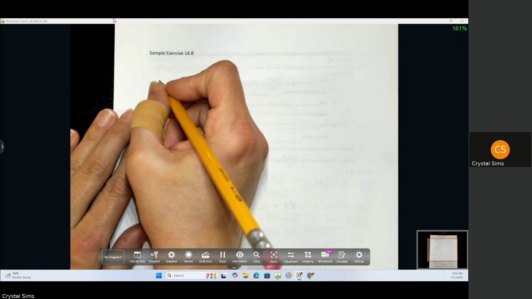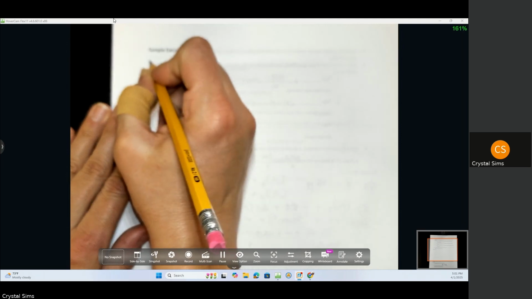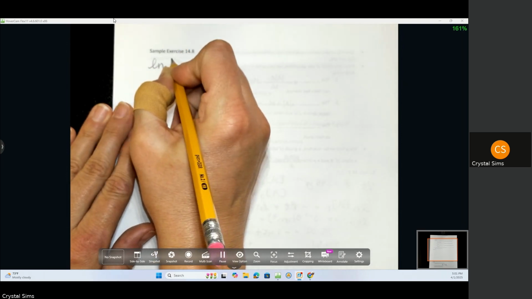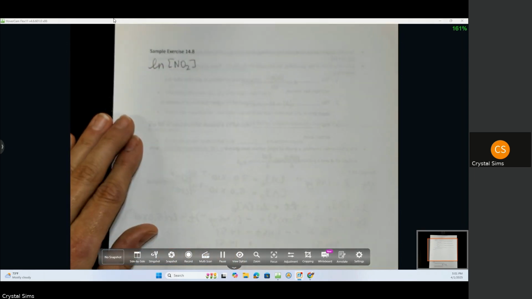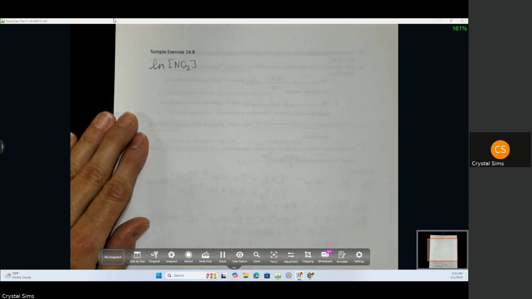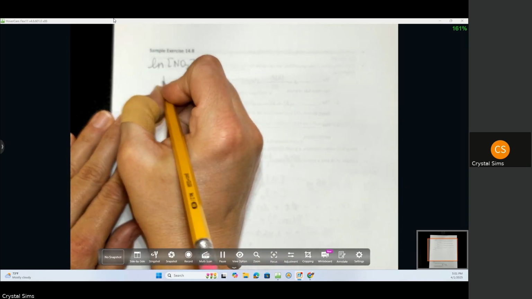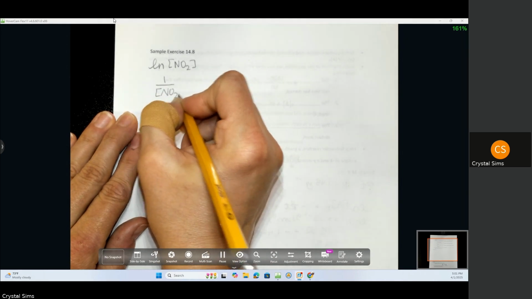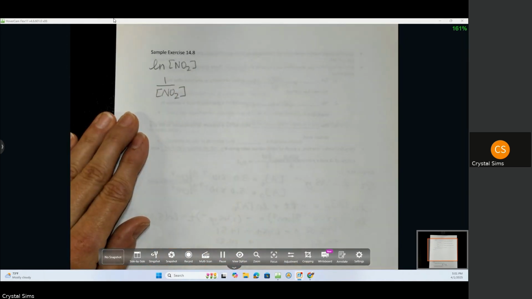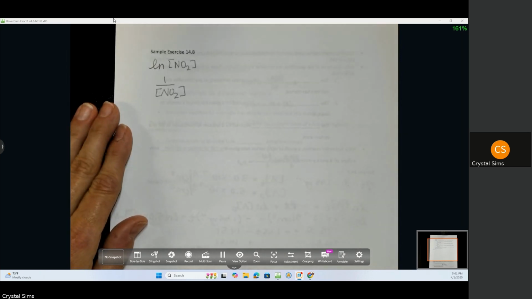So what we have to do is first figure out the natural log of our different concentrations of NO2. And then we're going to look at what our plots are if we look at 1 over NO2 concentration.